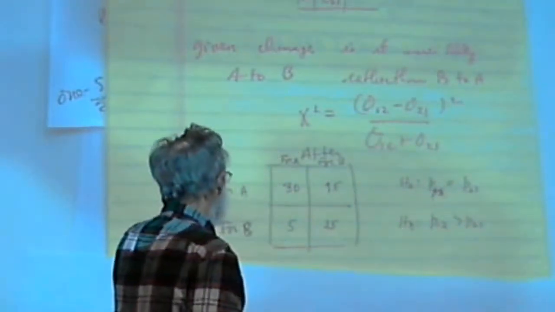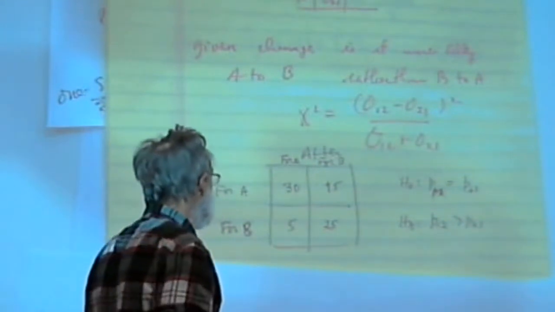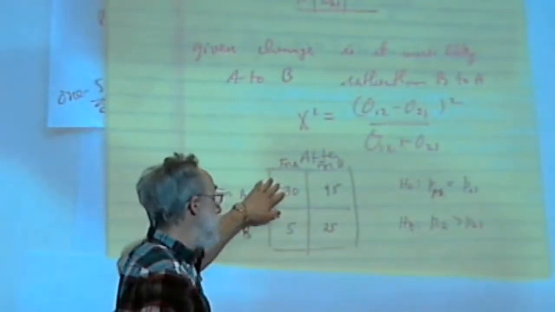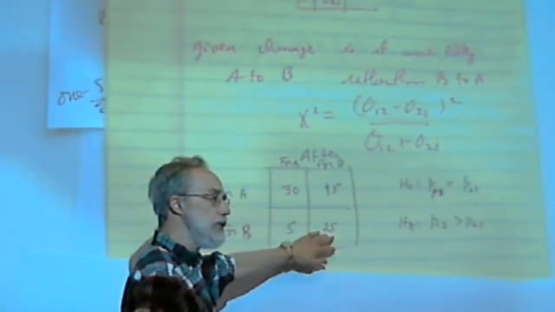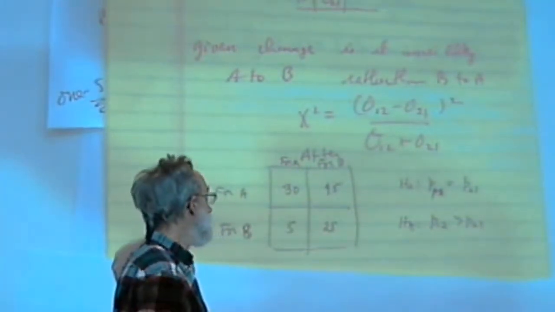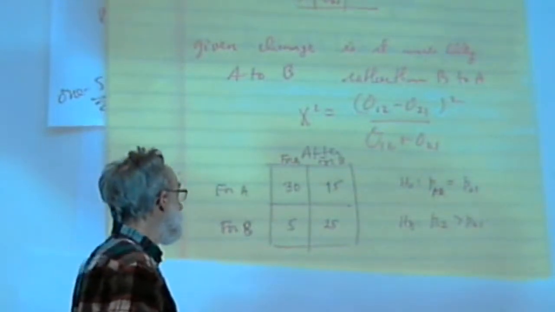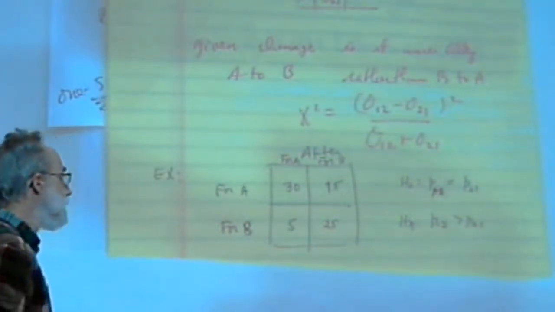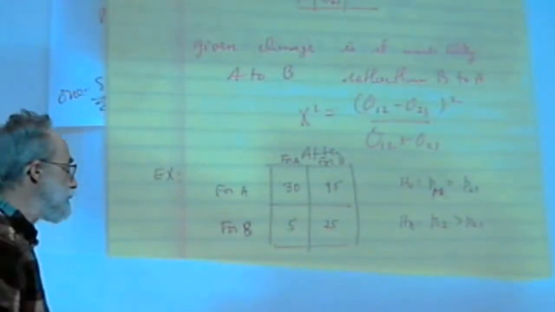This is before, and this is after, right? So before, 30 were for A, and 30 stuck with A. 25 were for B, and 25 stuck with B. After, 15 switched from A to B, and only 5 switched from B to A. Okay, of course, this favors one alternative.